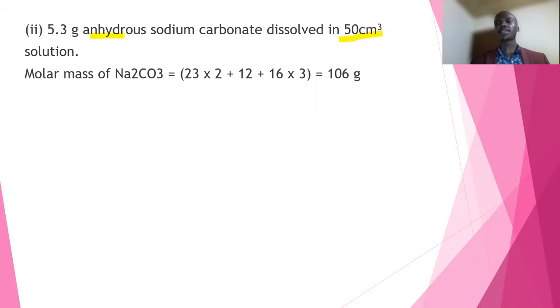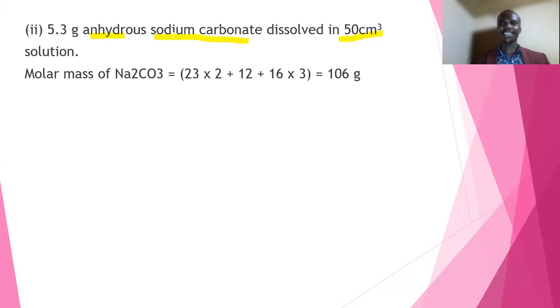Anhydrous means it has no water for crystallization. So first of all, ensure that you know how to write sodium carbonate. Sodium has a valency of 1, carbonate has a valency of 2. When you swap, the 2 will go to sodium and 1 will go to carbonate.